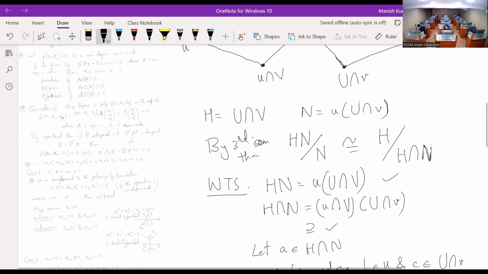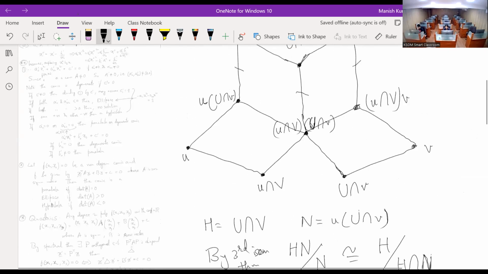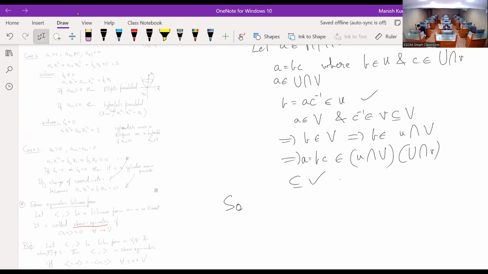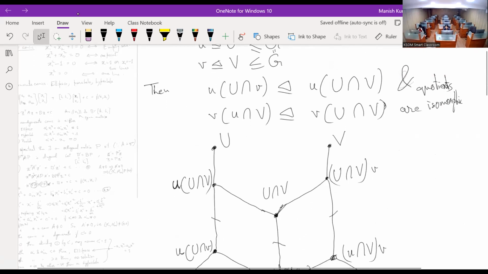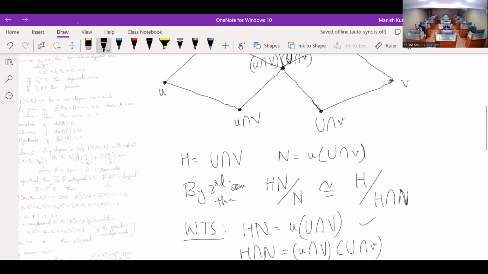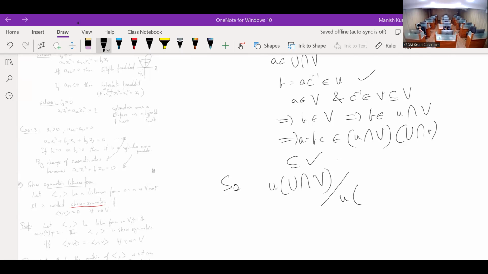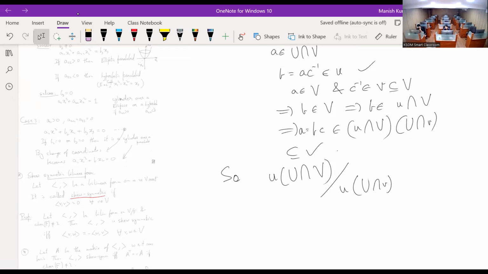What we get is that this quotient, U intersection V modulo little u intersection V, is isomorphic to U intersection V modulo capital U intersection little v.